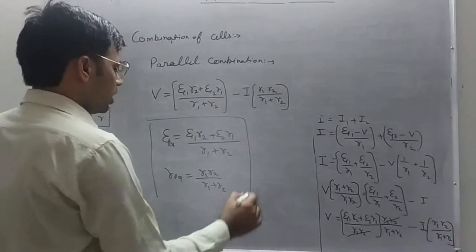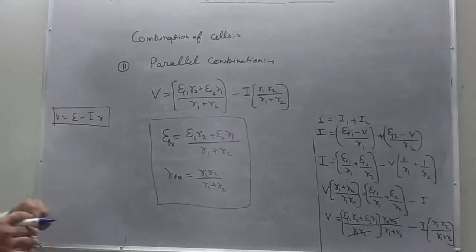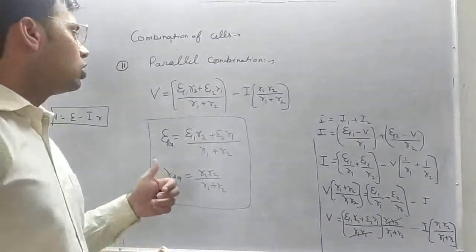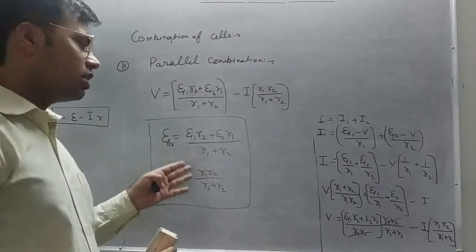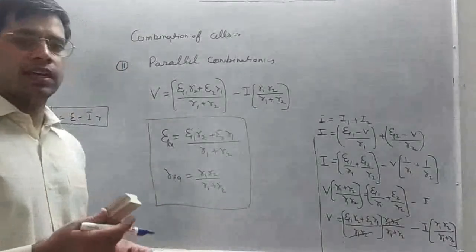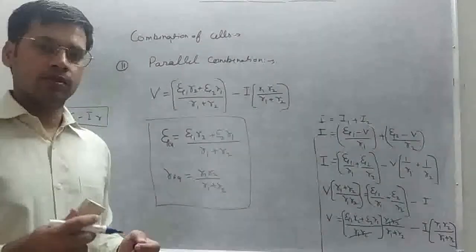This is the equation when we are connecting two cells in parallel combination. Similarly, we can calculate this equation for 3 or 4 or 5 cells if they are connected in parallel combination.